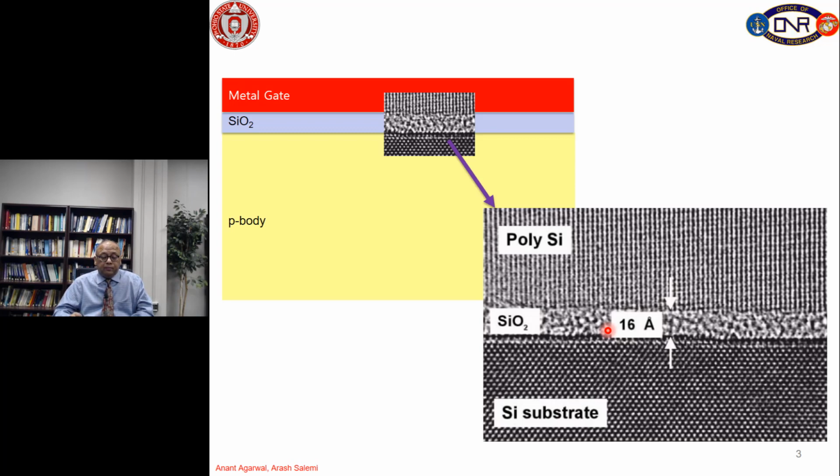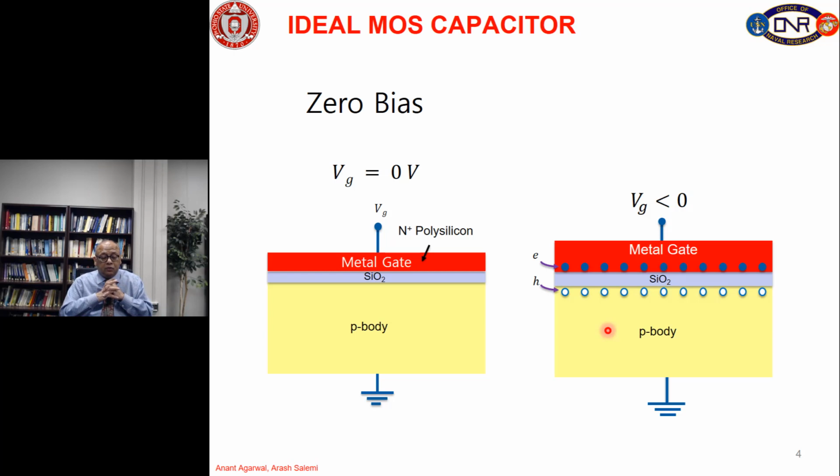All right. So, let us assume that this capacitor is at 0 bias, and you can see nothing is happening. Then as we apply the negative bias, you can see that in order to drop this voltage across this MOS capacitor, we will have negative charge in the metal gate and positive charge in the semiconductor.